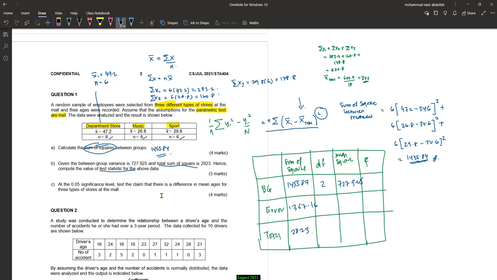So the degree of freedom for error is capital N minus K. Capital N is 18. 18 minus 3 is equal to 15. And for total, 18 minus 1 is equal to 17. Sum of square error, 1367.16 divided by 15.